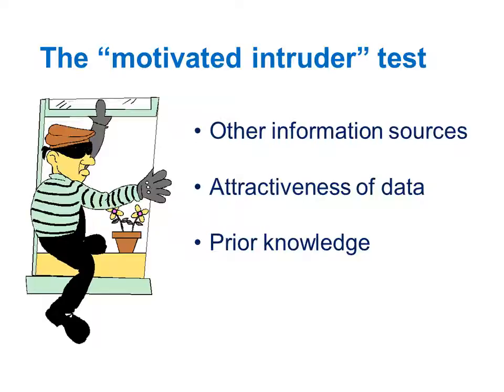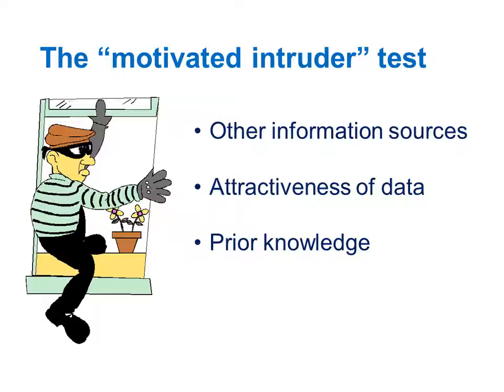So it'd be about whether that individual, if they were motivated, would be able to identify the individual from the data or from the aggregate data. Certainly some data will be more attractive to a motivated intruder than others, which may make them more motivated.